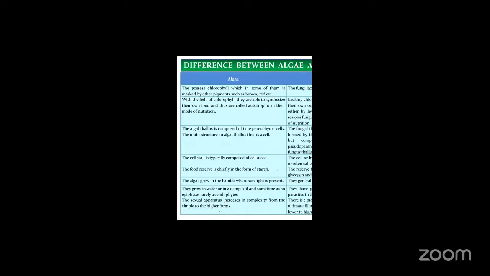But in Rhodophyceae and Phaeophyceae, very complex reproductive structures are there. Means very complex structure is present in the algae members. But in the fungi, there is gradual simplification and ultimate elimination of the sexual apparatus from the lower to higher fungi. Means the simplification occurs from lower to higher, right?